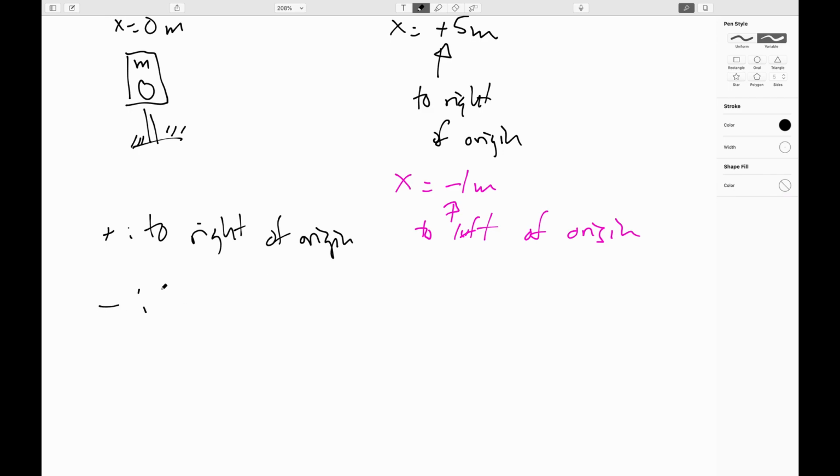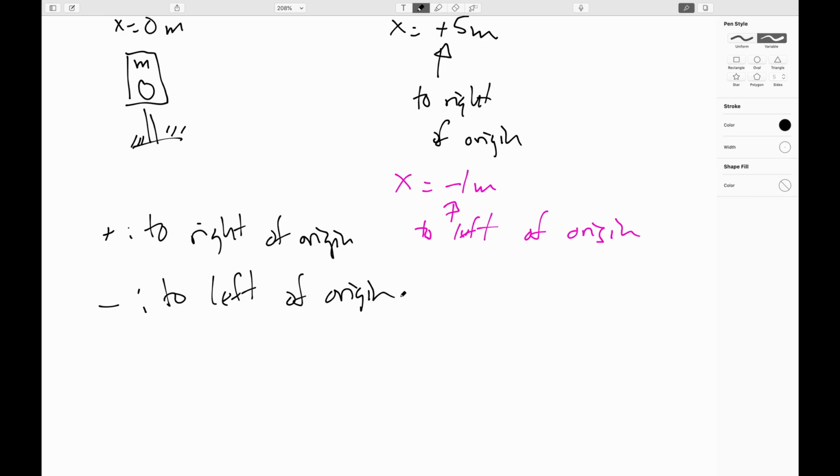And negative means to the left of the origin. But that is not set in stone. That's the default assumption that physicists will make if you don't say otherwise. If for solving some particular problem it makes sense for plus to be to the left and minus to be to the right, you are free to do that.